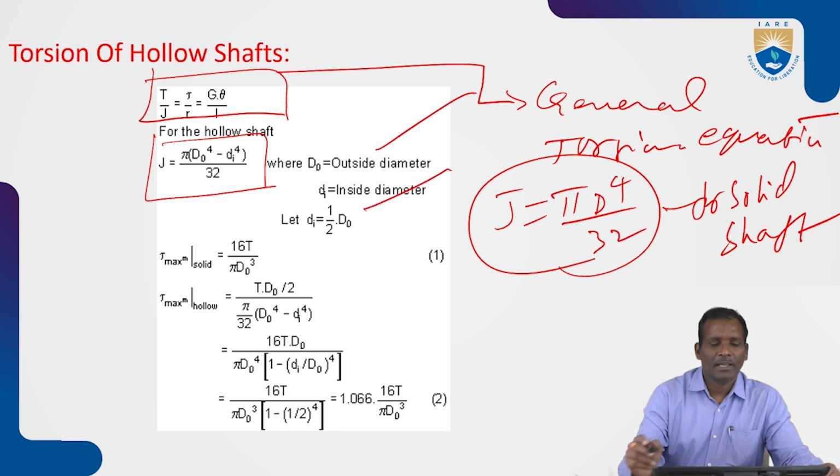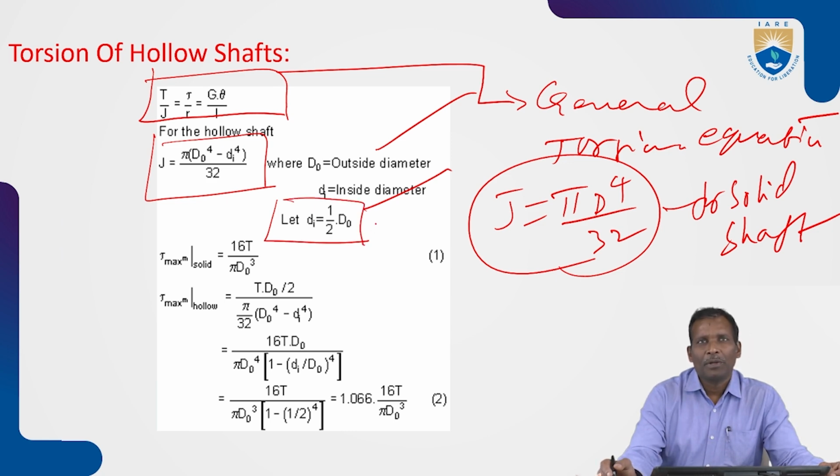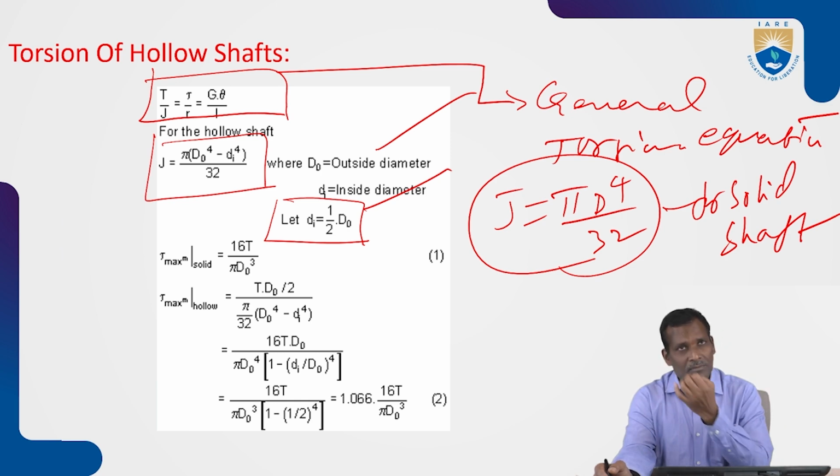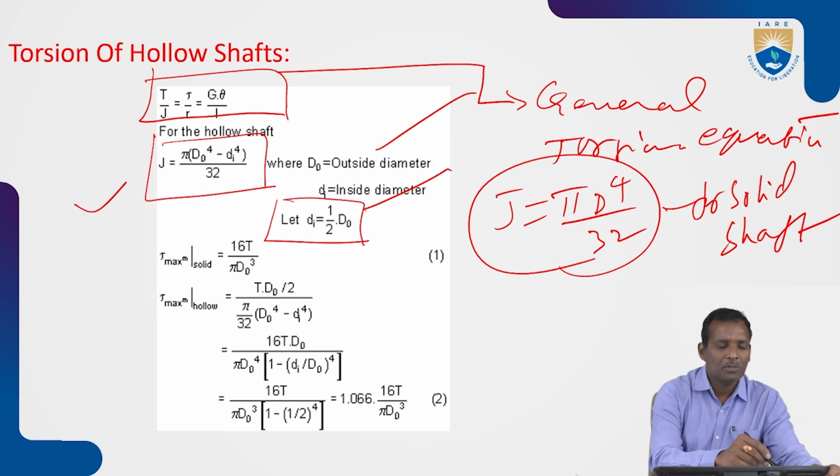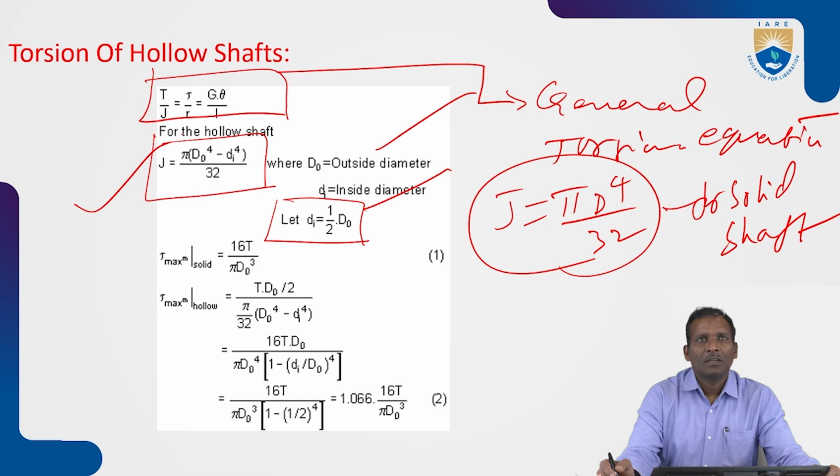So you can write that di is equal to d naught by 2, half of the outside diameter. So J is equal to pi into d naught to the power of 4 minus di to the power of 4 by 32.